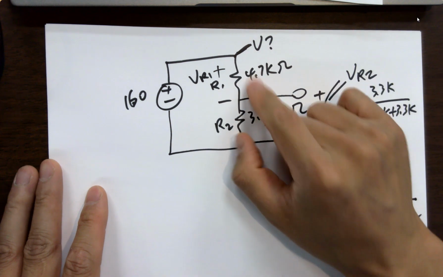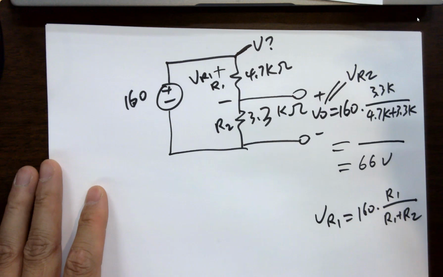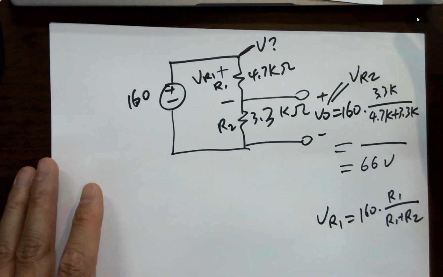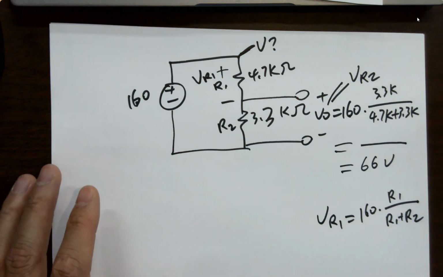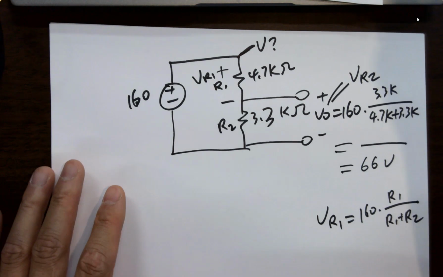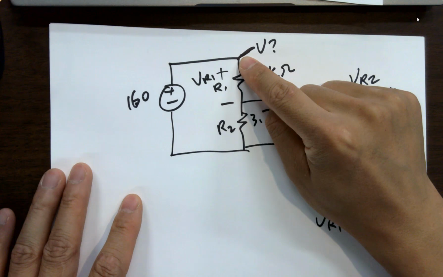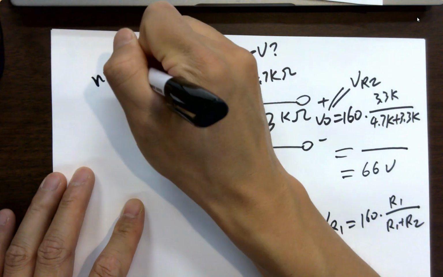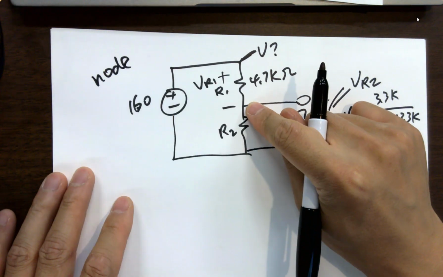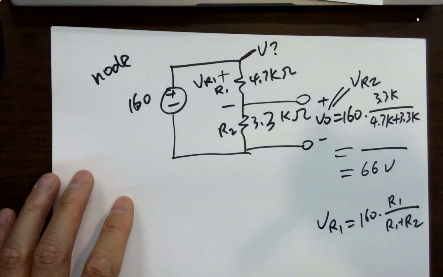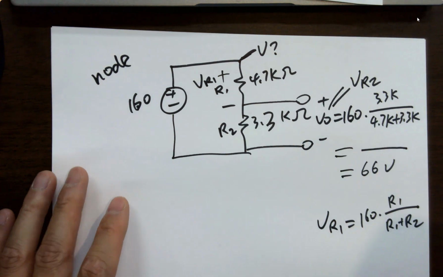What is the voltage of R1? What are you actually asking? It could be the voltage drop. It could be the node voltage. The node voltage could be either terminal, could be this node as well, right? You could point to a node in the circuit and ask what's the voltage there.